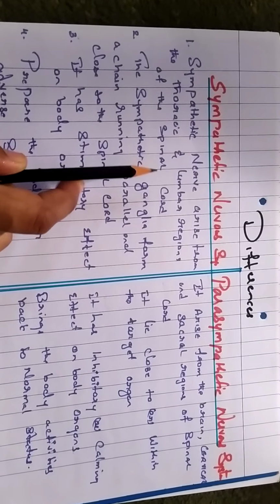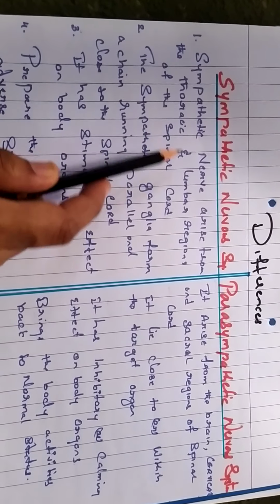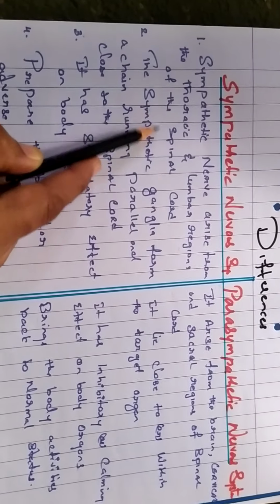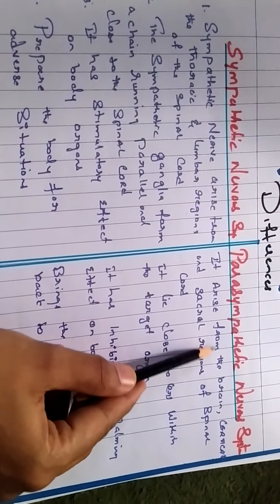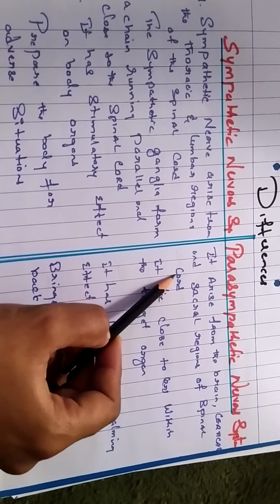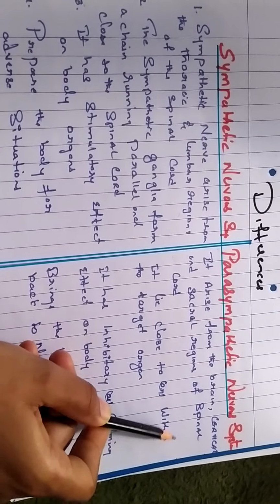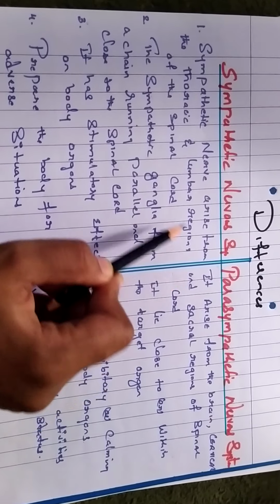The sympathetic nervous system arises from the thoracic and lumbar region of the spinal cord, whereas the parasympathetic arises from the brain and the cervical region of the spinal cord. So both origins are different.